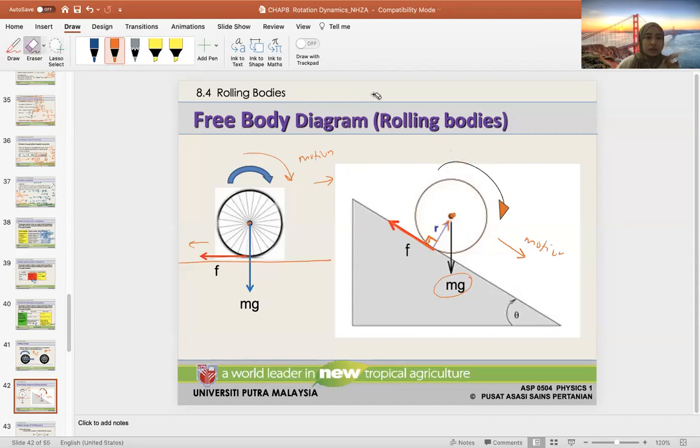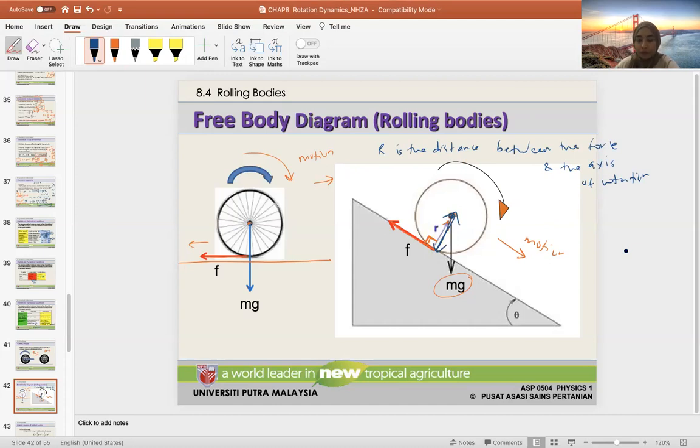Okay, R is the distance. If you guys can remember, R is the distance between the force and the axis of rotation. So here, the distance between the force and the axis of rotation is given by R. So your torque just became a little bit more complicated, but it's okay. We will learn how to do this.